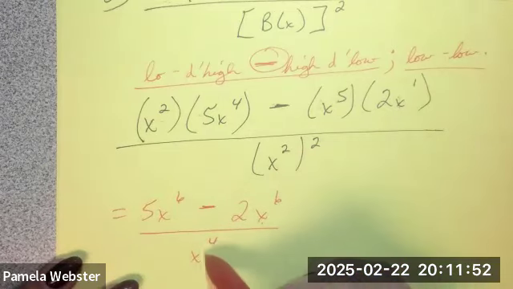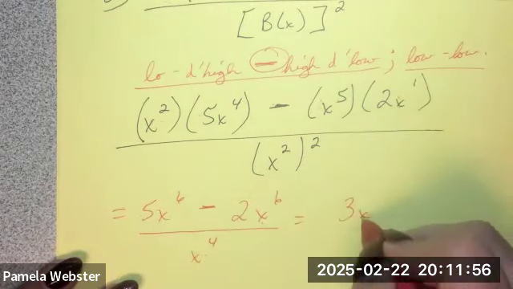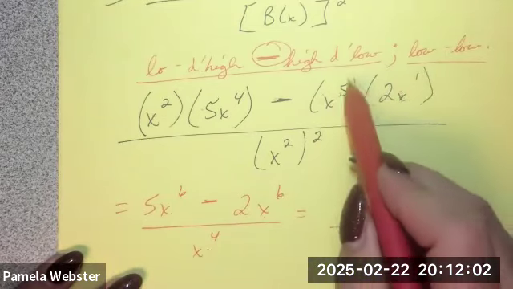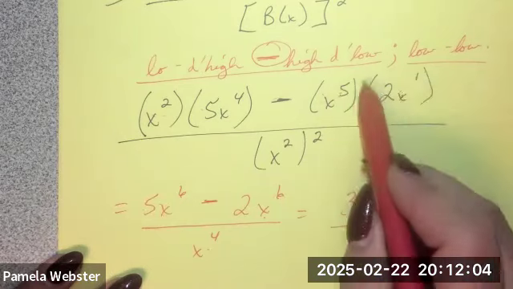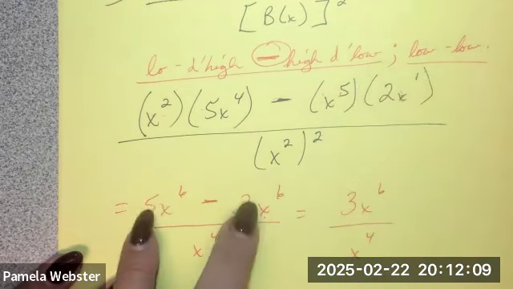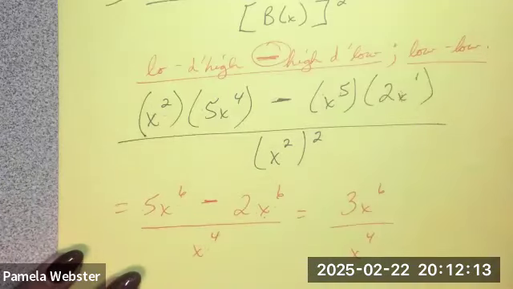Okay. And x squared squared is x to the fourth. Now, when I combine these, I get 3x to the sixth, right? So when you're multiplying like bases, you add the exponents. When you have common terms, you can just add and subtract like normal. 5 apples minus 2 apples is 3 apples.